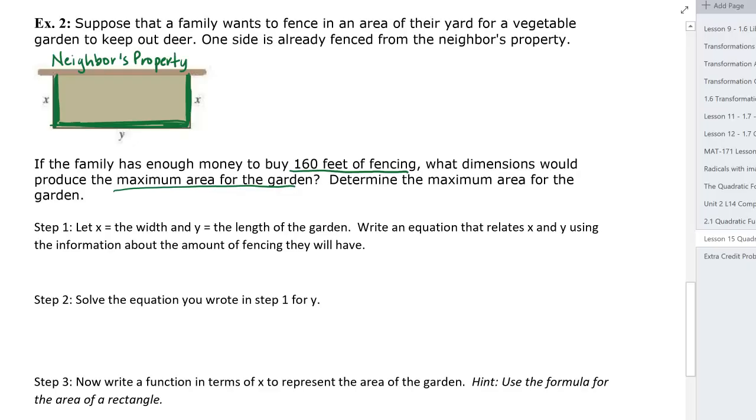And if we write an equation that relates x and y, using the information about the amount of fencing they will have, well, I'm going to buy x feet plus another x feet plus y feet of fencing, and that is going to equal 160 feet because that's how much money I have to buy the fencing. So if I simplify this equation, 2x plus y equals 160.